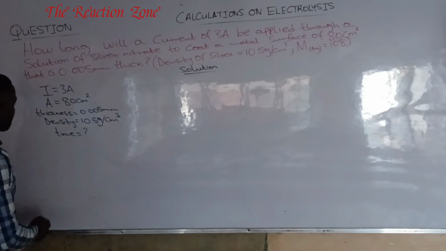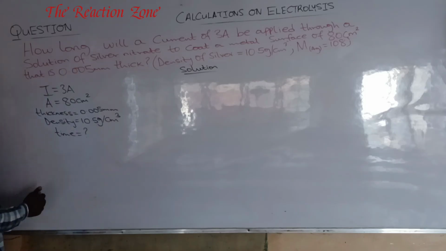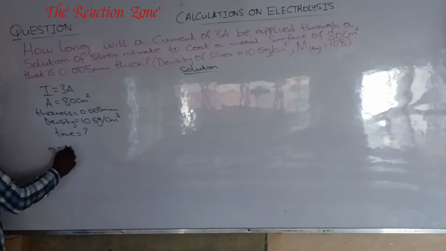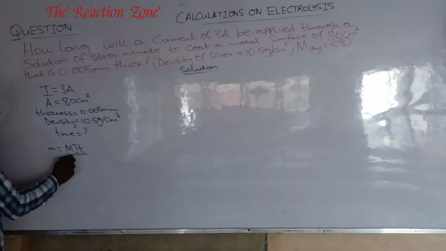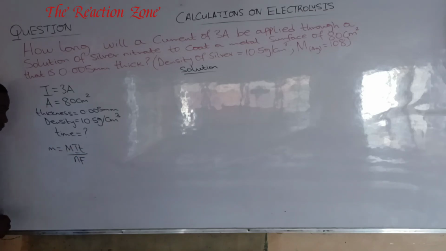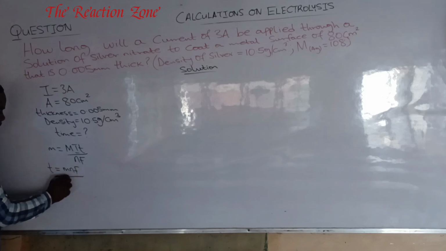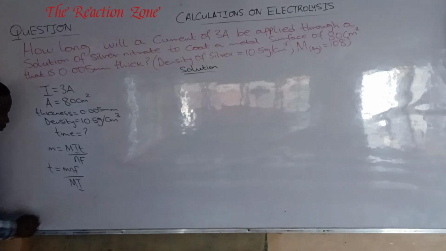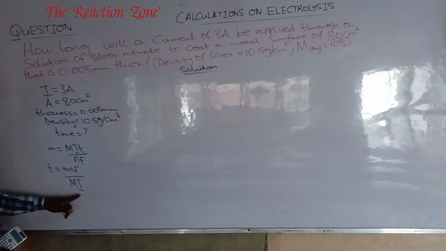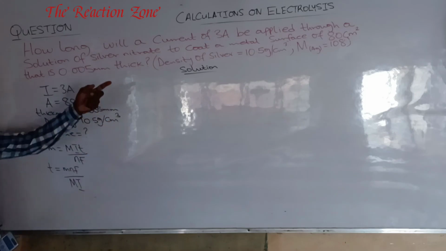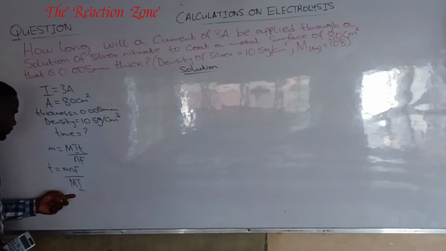Now, if you look at the formula that we're going to need to solve this problem, which is n is equal to MIT over NF. If we make time the subject, it is going to become MNF over MI. Now, the current is given. We know the atomic mass to be 108 according to the question.